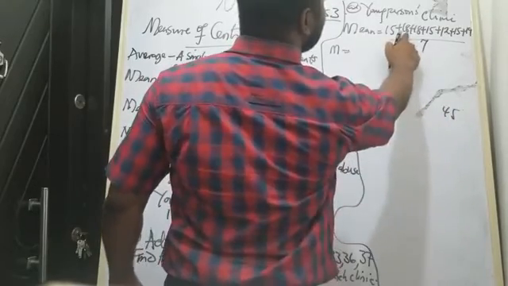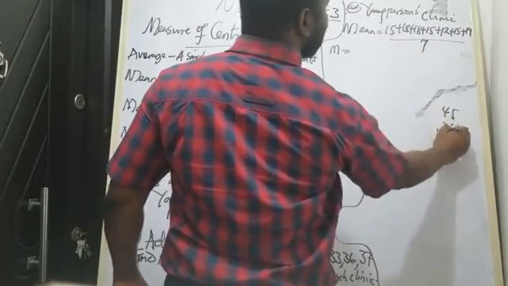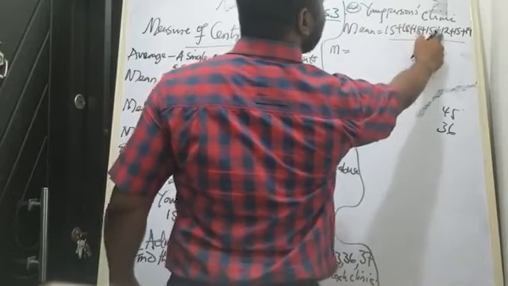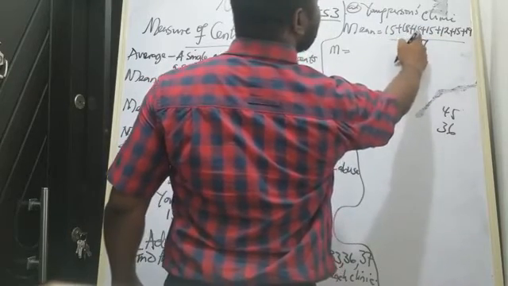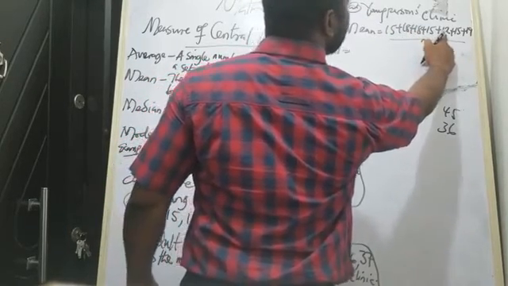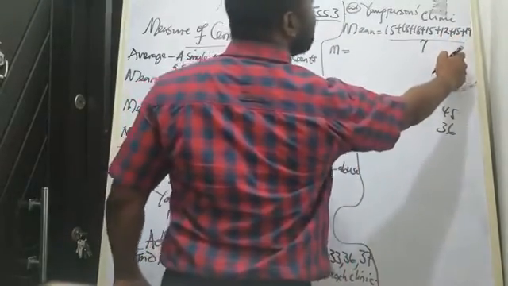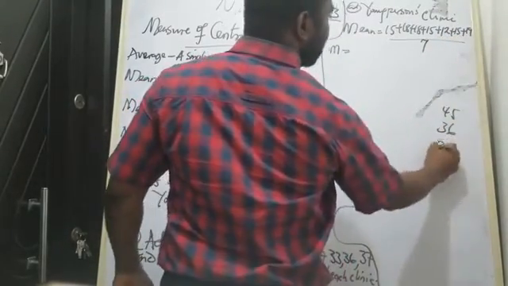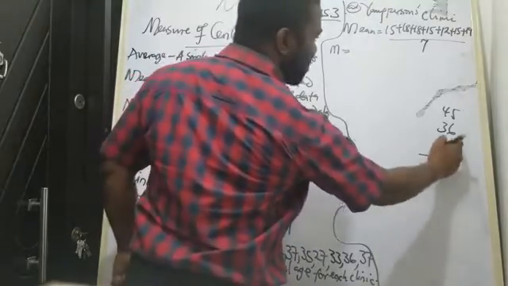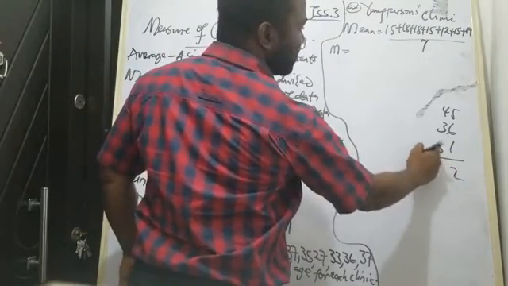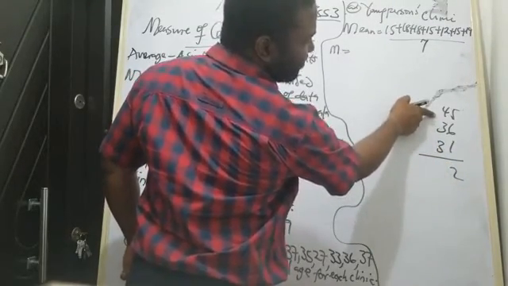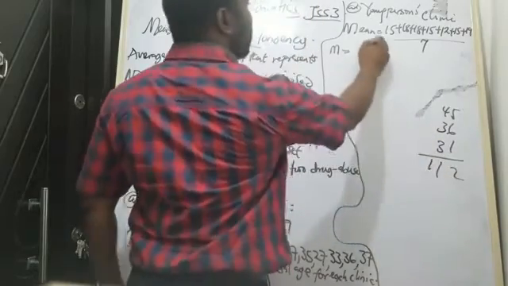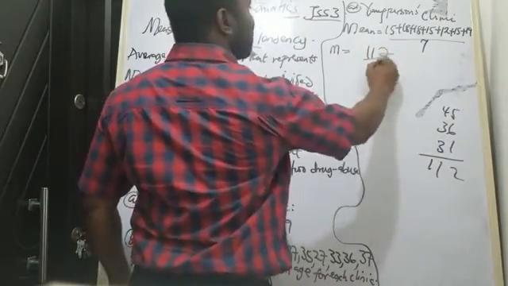Then you have 36, and adding gives 112 over 7.